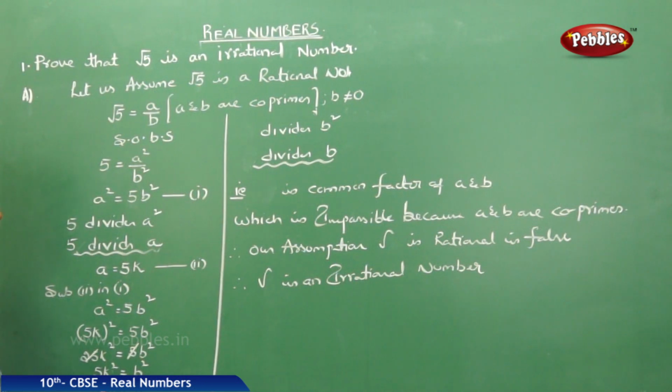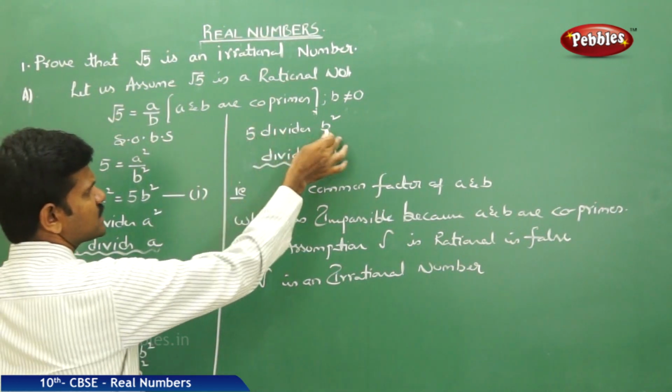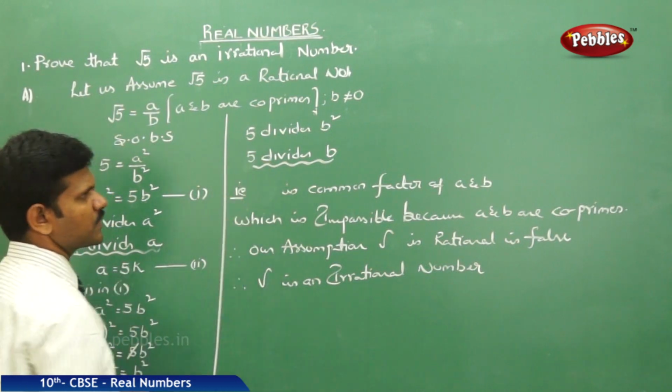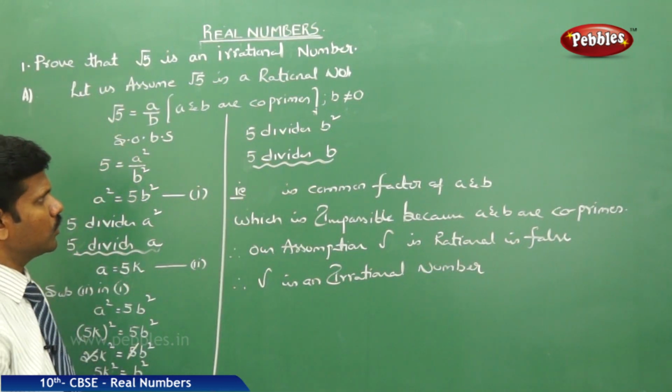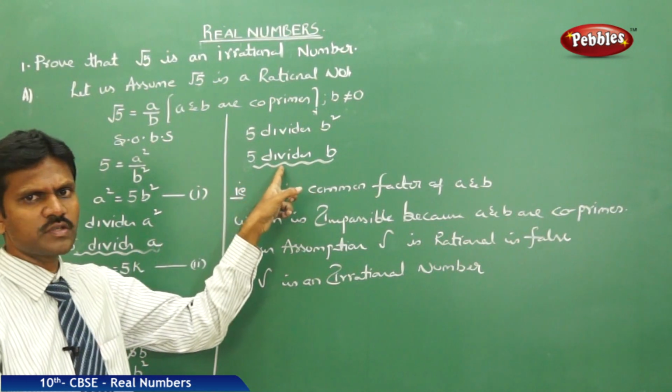What is the meaning of this? If you bring this 5 to the denominator, 5 divides b square. If 5 divides b square, then 5 divides b also. Now, see here, 5 divides a and 5 divides b.